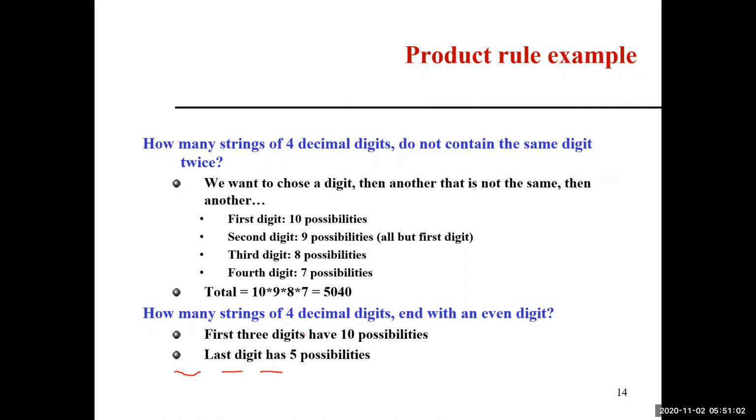Then out of 10 digits, only 5 digits are even, so I have 5 values to choose the last position. So 10 into 10 into 10 into 5. There are 5,000 possible strings of 4 decimal digits which end with an even digit.